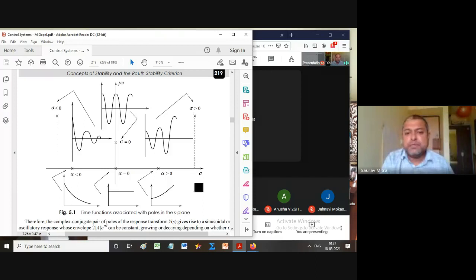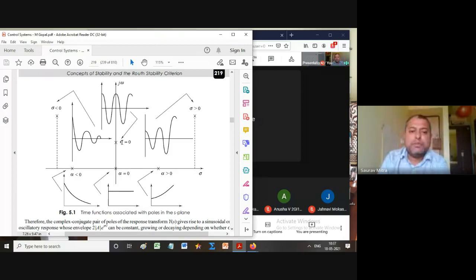Here also you are finding the same thing, that is 2 plus minus 3j. So one is up, there is another pole down, and you are finding that this is actually increasing with e raised to 2t, because in this case the real part of that pole is positive. So 2 plus minus 3j is the pole position, and you are finding it is an increasing kind of sinusoidal. Now the question is, if the pole is on the j omega axis, the real part is 0, sigma is 0.